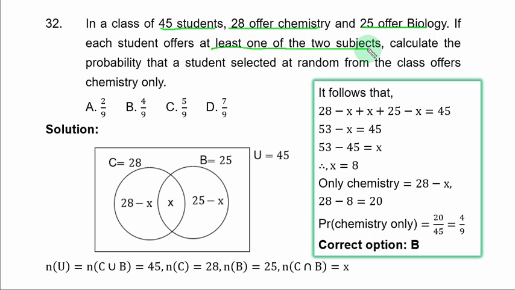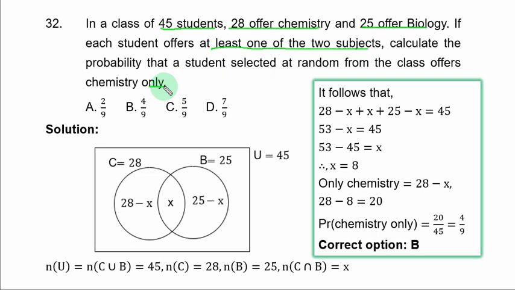Calculate the probability that a student selected at random from the class offers chemistry only. So we need to get those that offer only chemistry. So we have to do that using a Venn diagram.